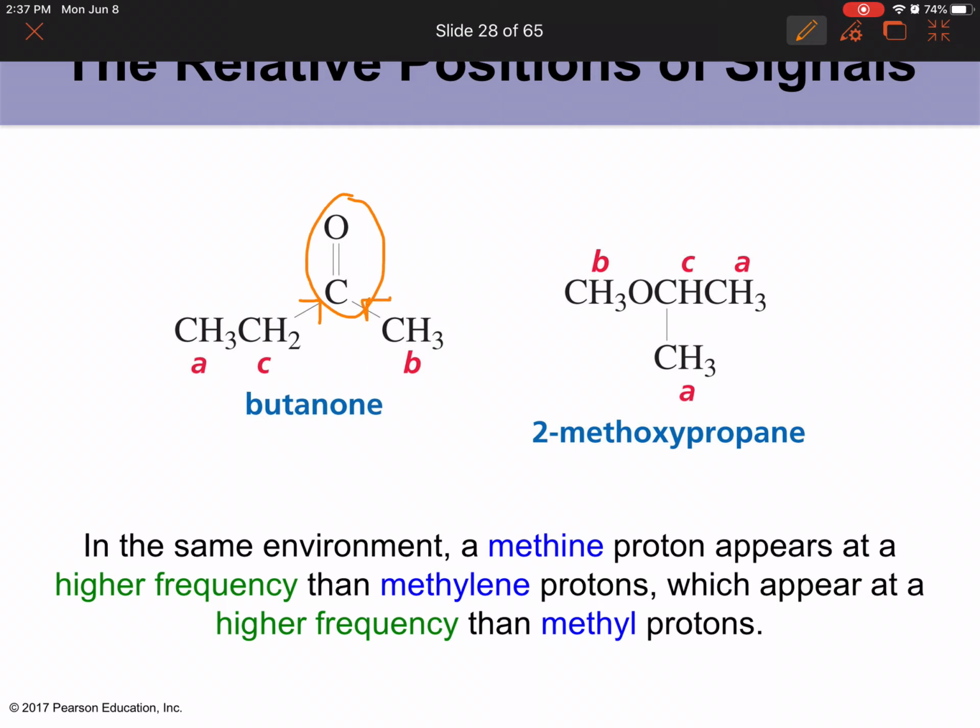So since C and B both are next to the carbonyl group, they both would have a higher chemical shift compared to A, because A is not directly attached to an electron withdrawing group. But how do you know between B and C which one would appear more deshielded, or a higher chemical shift, or a higher frequency?